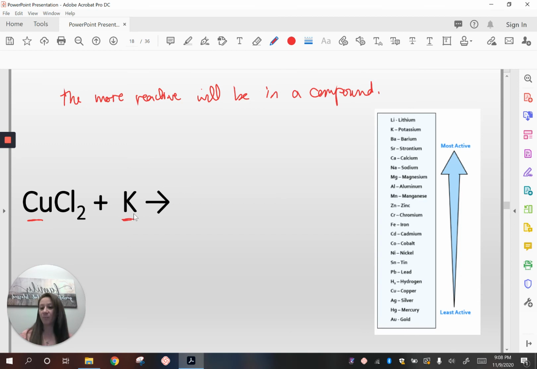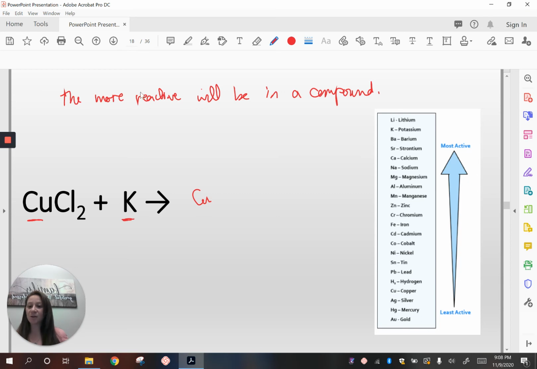Is it in a compound? No, it's not. Well, then it's going to react to be in a compound, because the more reactive one will be in a compound. So the potassium is going to go and kick out the copper. The copper is going to get kicked out and now it's by itself. And that's okay because copper is not very reactive compared to potassium, so it's okay being by itself.